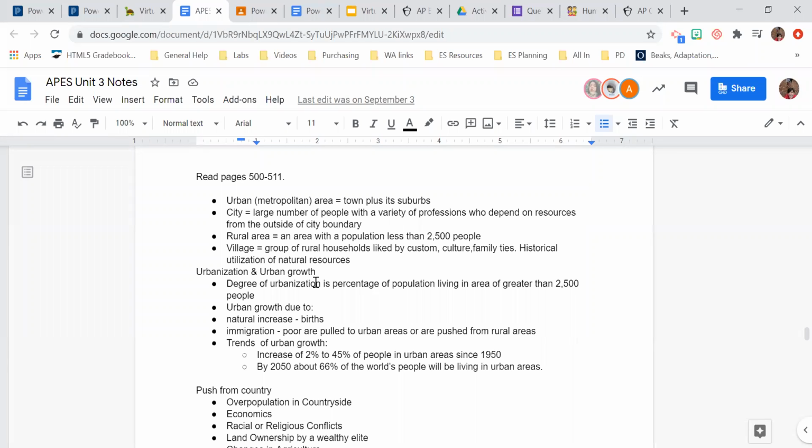Now let's talk first about village. So village, this is a term that we might see used to talk about a group of rural households. A lot of times these smaller areas like that Young Harris area I was telling you about are rural, but you do have a little bit of a community there because everybody kind of knows everybody else. They're often linked by custom, culture, or family ties.